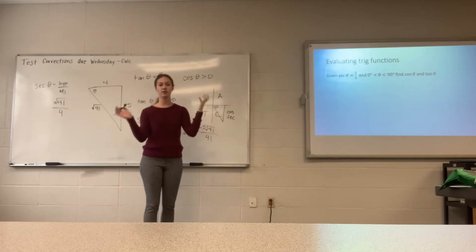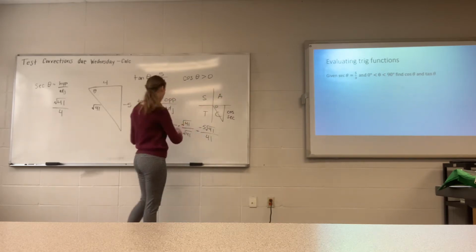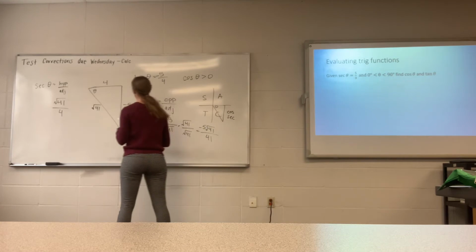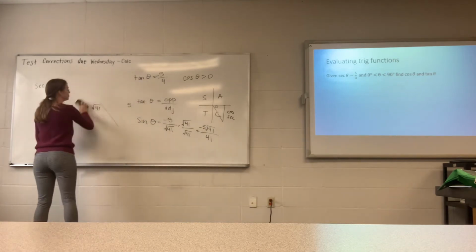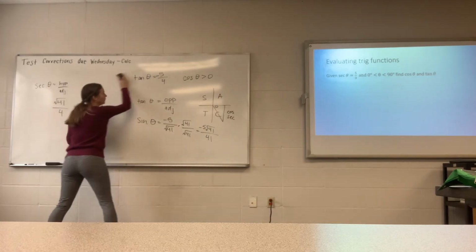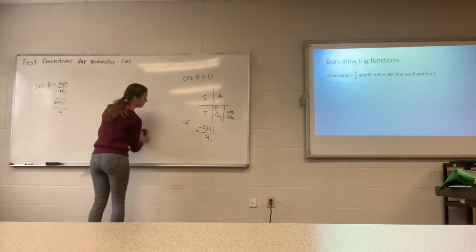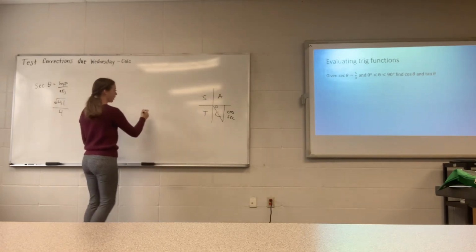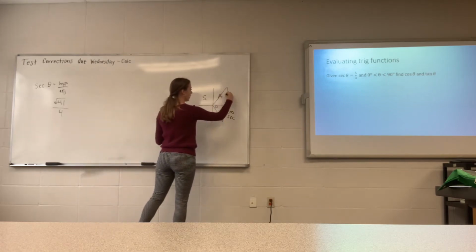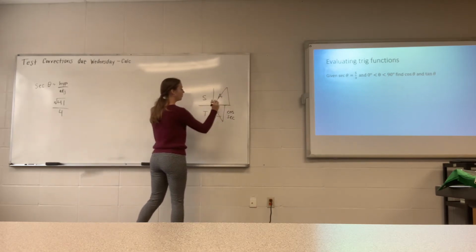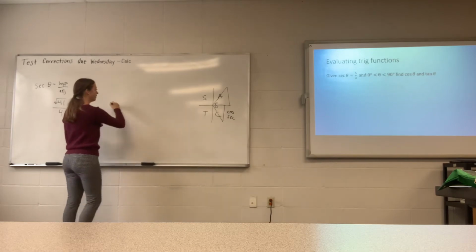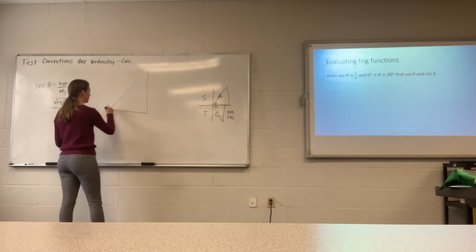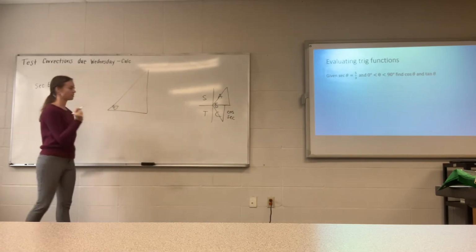Okay, so everything's going to be positive there. So if I'm in my first quadrant, I can draw my triangle this way with my angle at the origin.